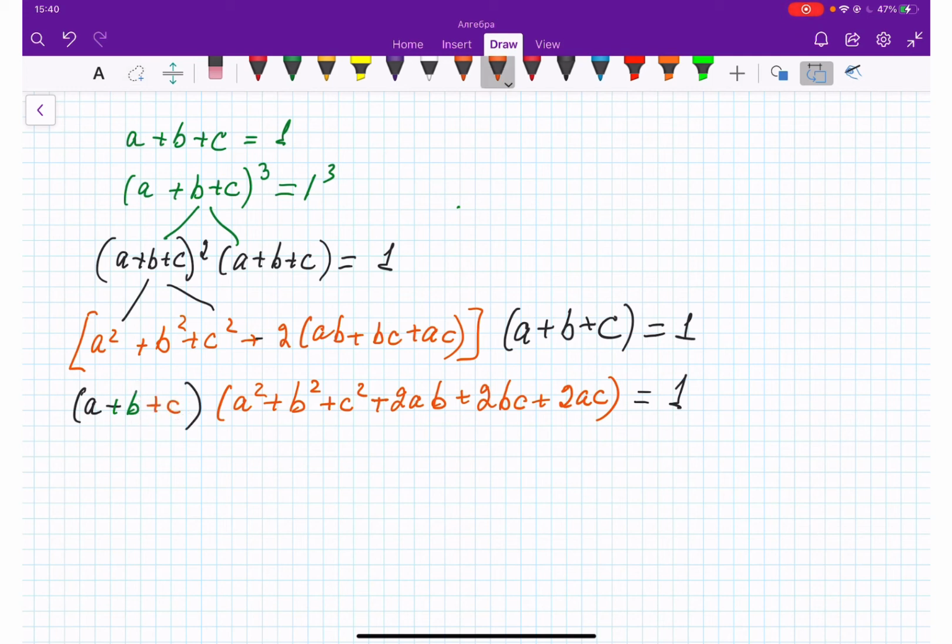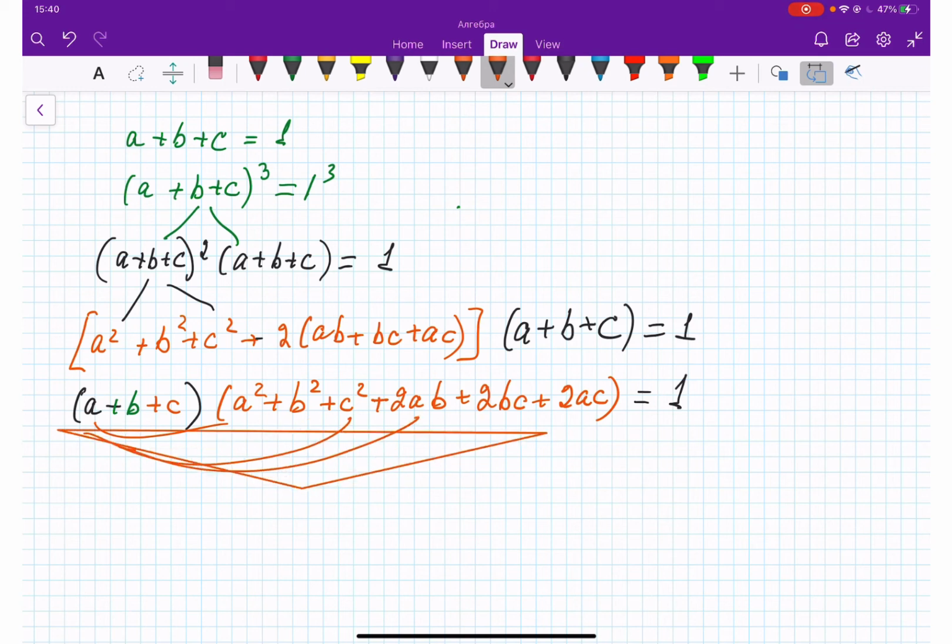Based on colors you will know what I multiply by what. First A multiplied by every single term, and then B multiplied by every single one, and then C. That's how it's going to go.